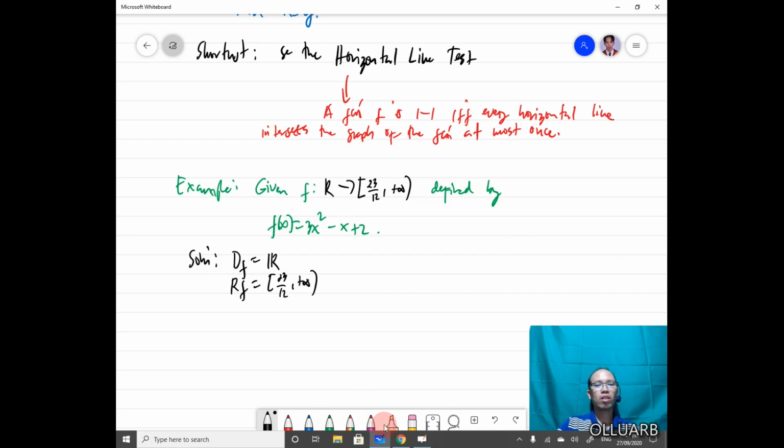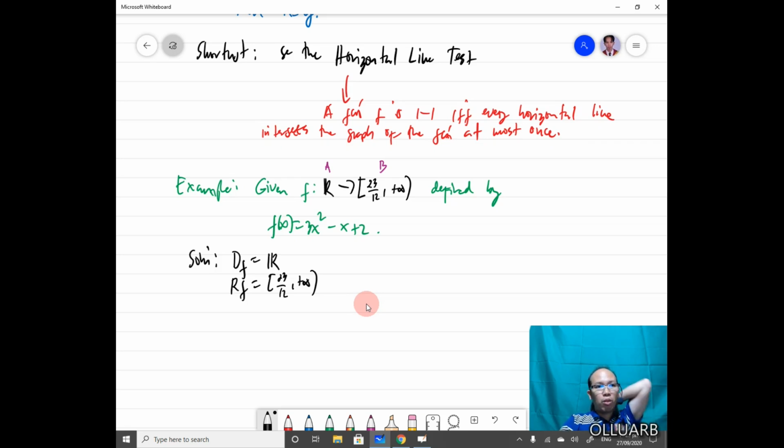Let's wait again for the program to respond. Based on our given, the range is this set, 23/12 to positive infinity, and this is the domain. No, this is the domain and this is the range, the codomain.